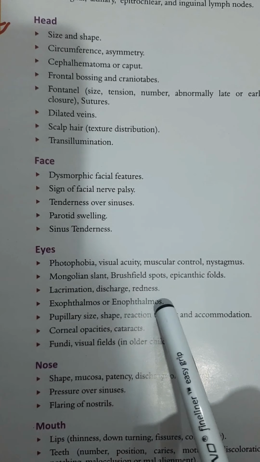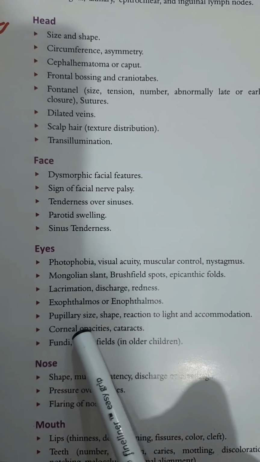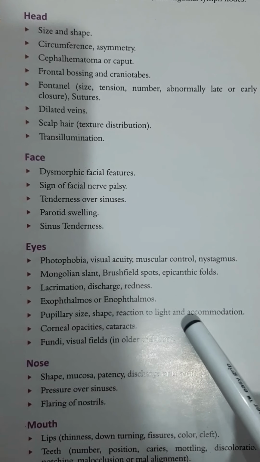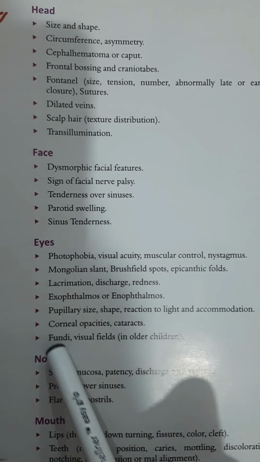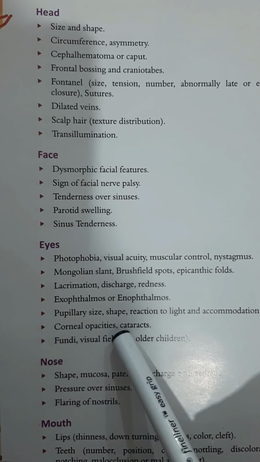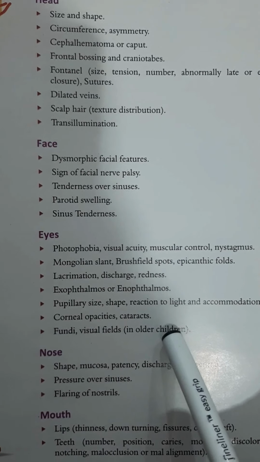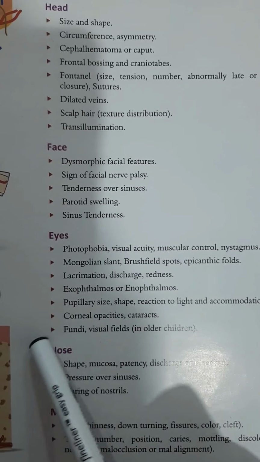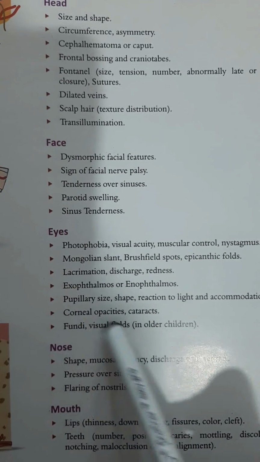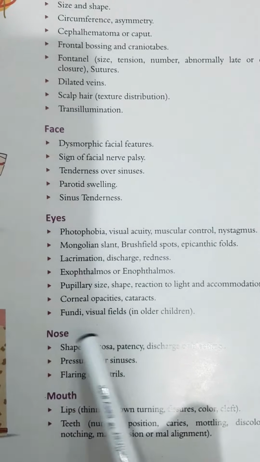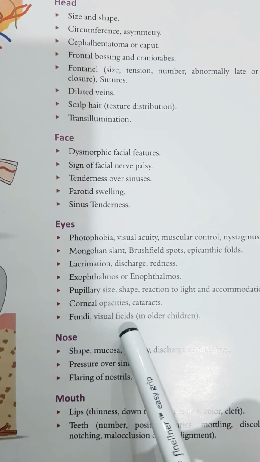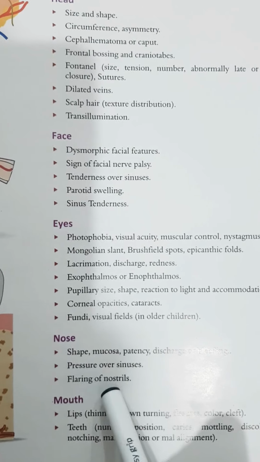Exophthalmos or anophthalmos can be checked. Pupillary size, shape, reaction to light, and accommodation can be checked. Then corneal opacities and cataracts can be checked. Fundi and visual fields are also checked in older children. These cannot be checked in infants and newborns.